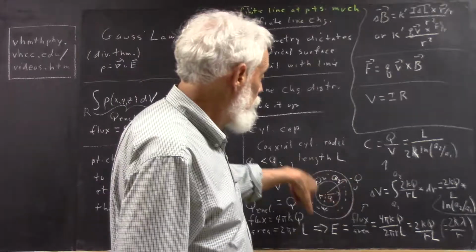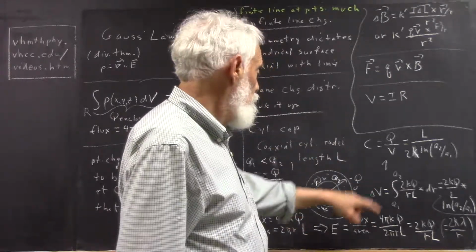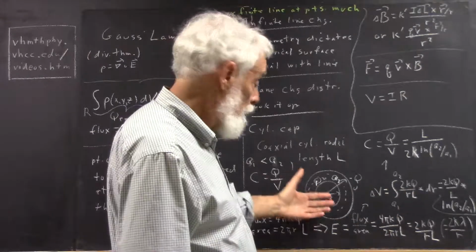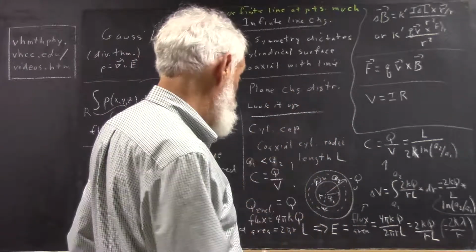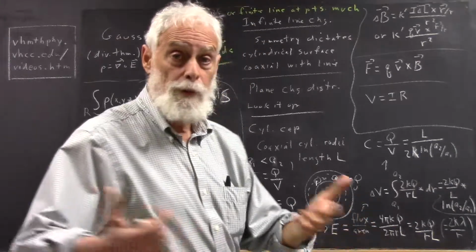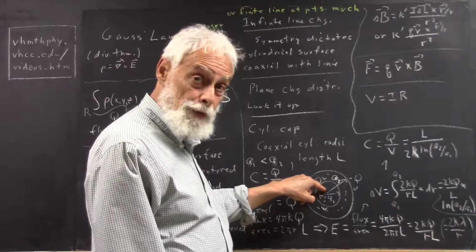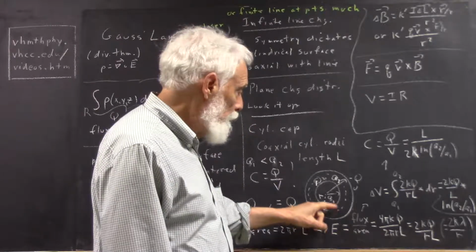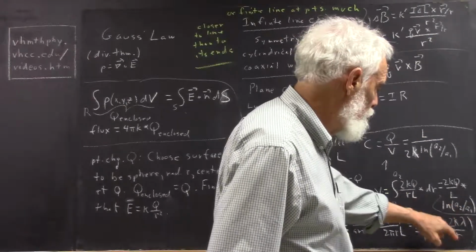And for the cylindrical capacitor, if r happens to be bigger than A2, well, you're enclosing how much charge? Q plus negative Q, that's zero charge. There's zero net charge on the capacitor. You've separated charge between the plates, but there's zero net charge. So your Gaussian surface would be enclosing no charge, so you would have no field. So we see that there's no field inside the inner cylinder, no field outside the outer cylinder, but between the cylinders, there's a field 2kq over rL, or 2k lambda over r.